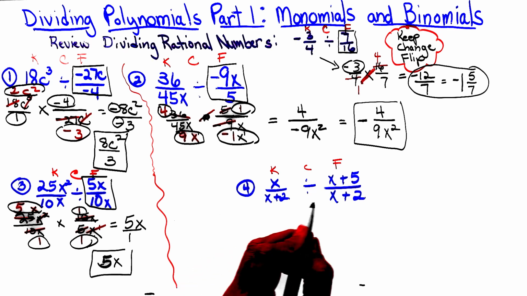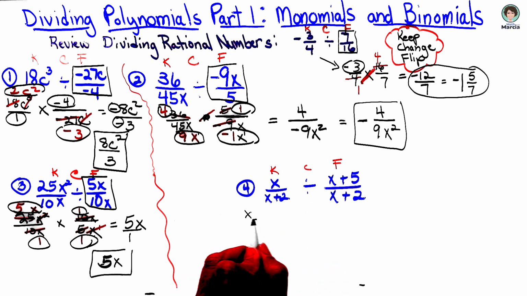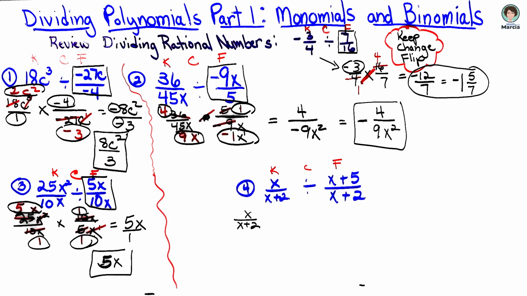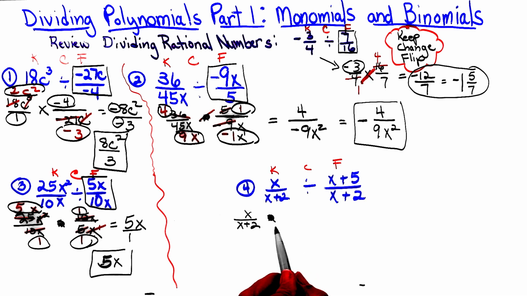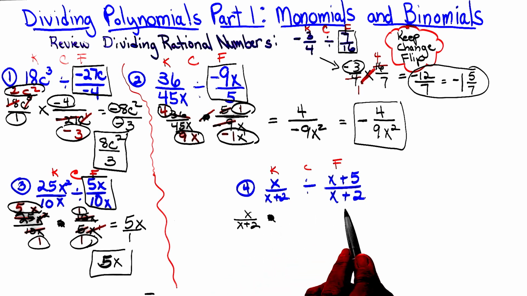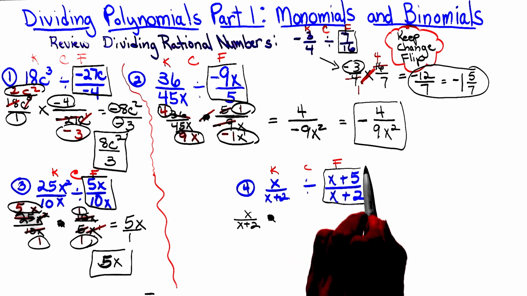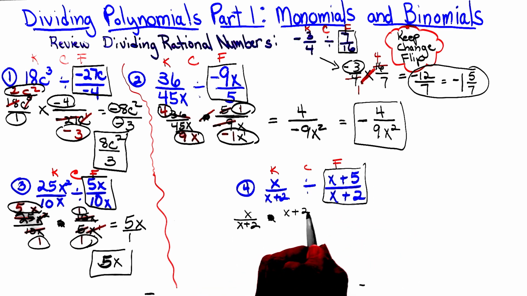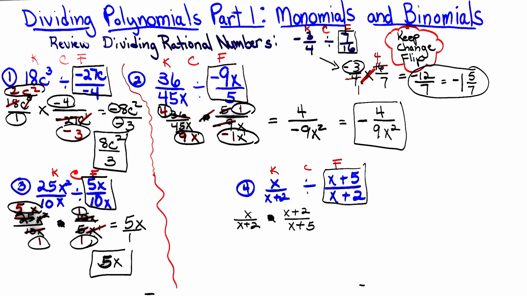And now we'll rewrite this so it's x over x plus 2, keeping it the same, times, oops, I did use that x there, but I could have used a times sign so that didn't confuse you. x over x plus 2, and now I'm going to write the reciprocal, so it's x plus 2 over x plus 5.